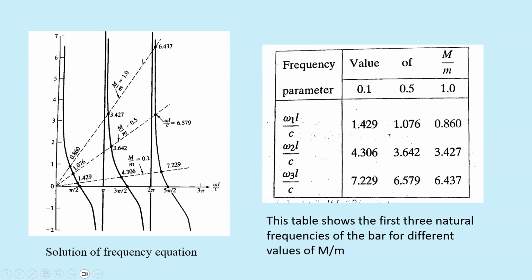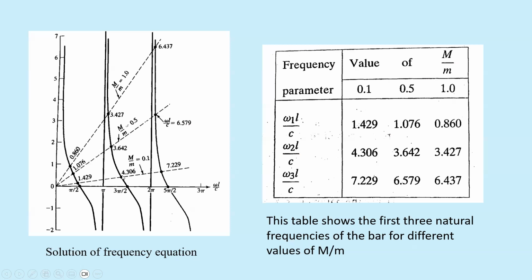And these 9 points show the intersection of these three lines with these three graphs, okay? And this is the answer. For example, if we consider the ratio of m over n as 0.1, what is the value? It is 1.429, okay?